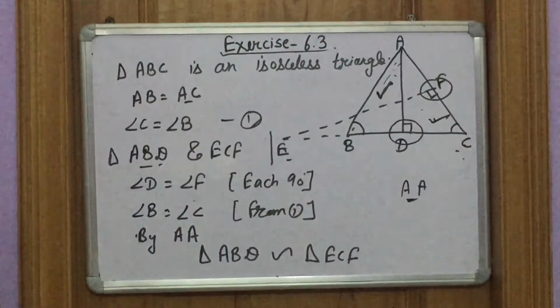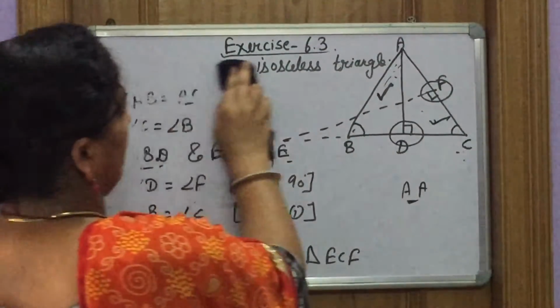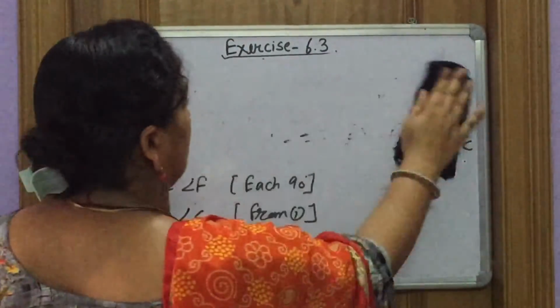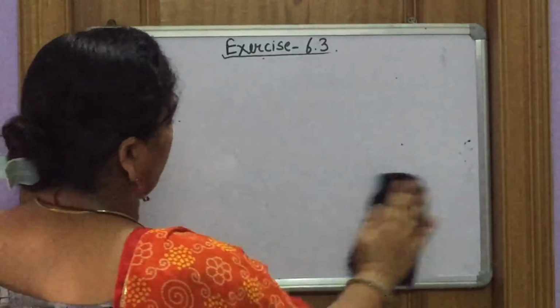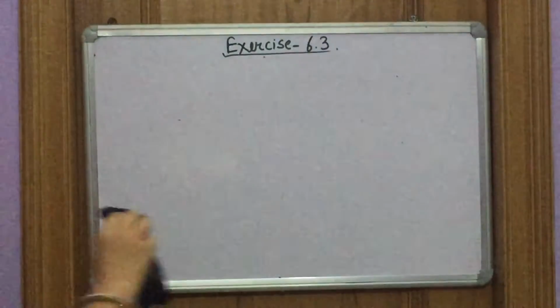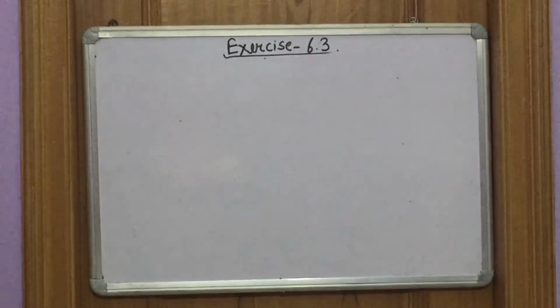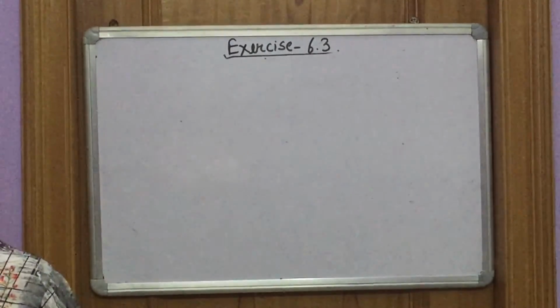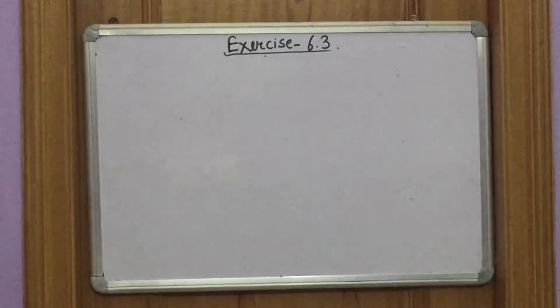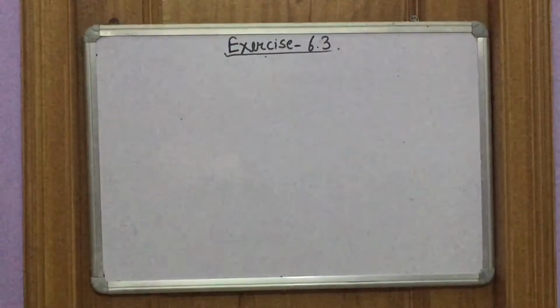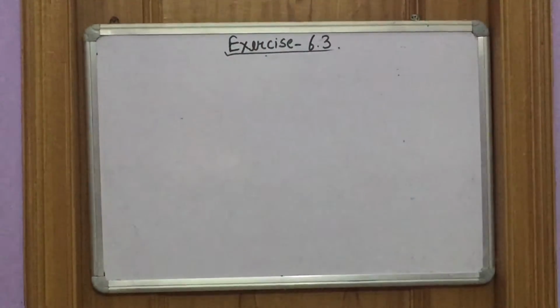Next question is: sides AB and BC and a median AD of a triangle ABC are respectively proportional to the sides of a second triangle.